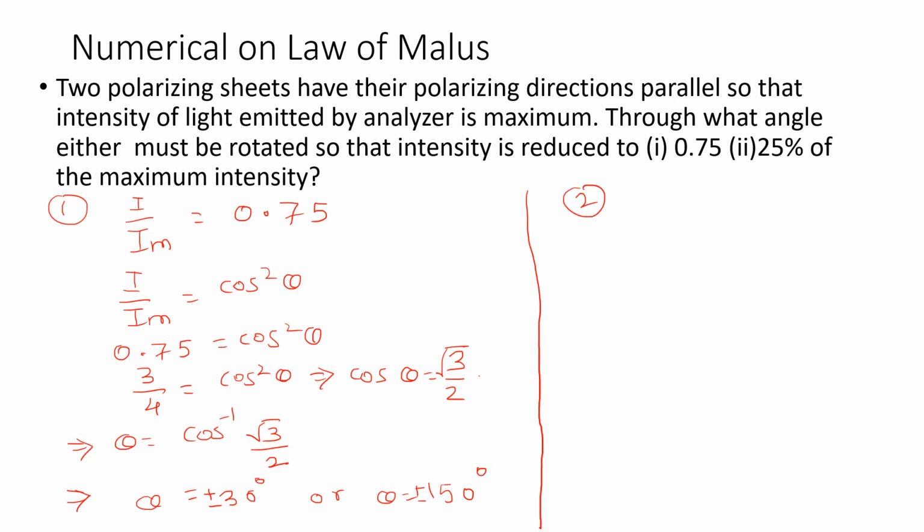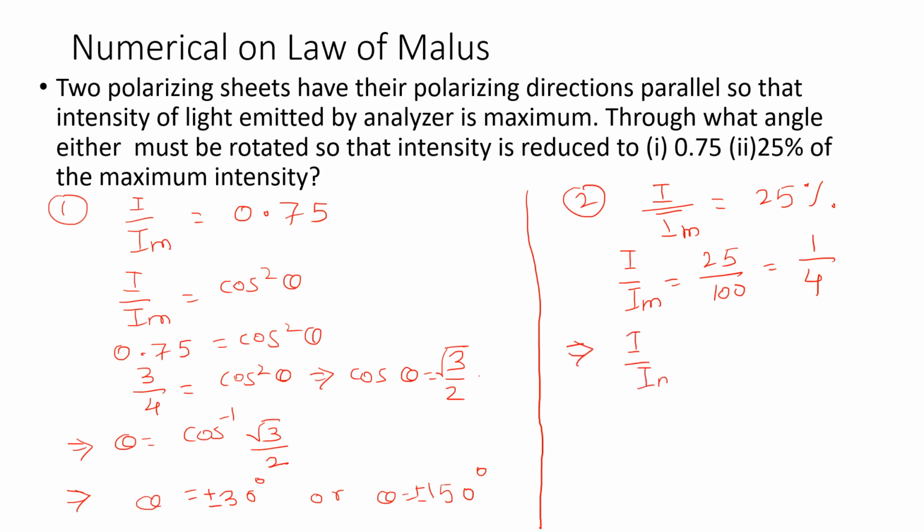In the second part, it is given that through what angle the analyzer should be rotated so that the intensity is reduced to 25% of the maximum intensity. So 25% means what is given here? I upon Im is equal to 25 upon 100, which is equal to 1 by 4. So obviously, how will we solve this?